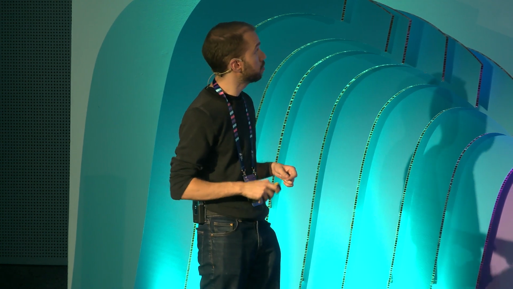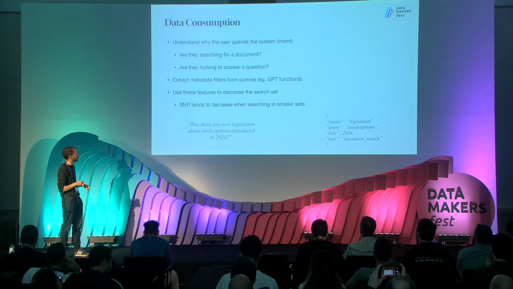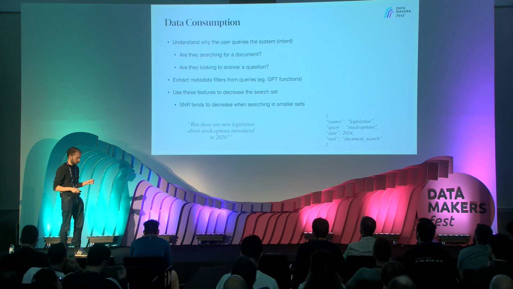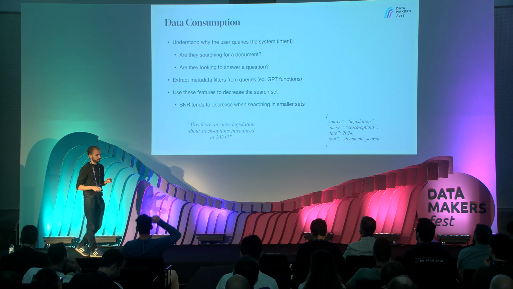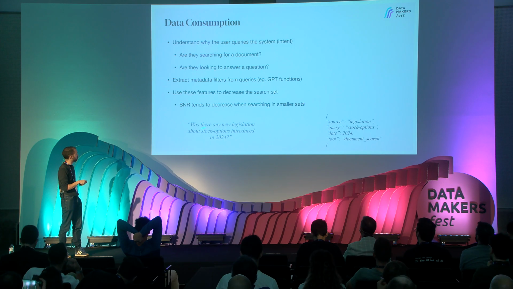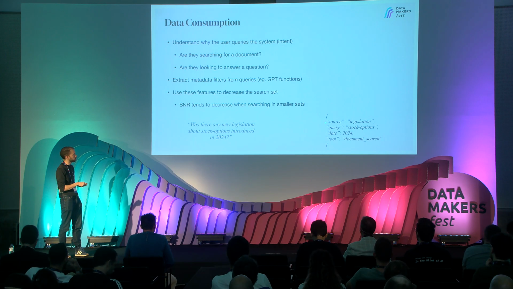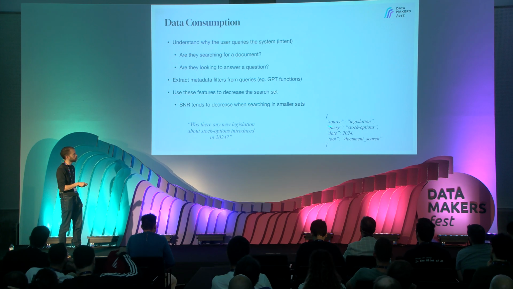And extracting metadata for these kinds of use cases is very effective. For example, using GPT functions with the question that I have here, was there any new legislation about stock options introduced in 2024? We can extract filters, like, for example, source. I just want to look for legislation.